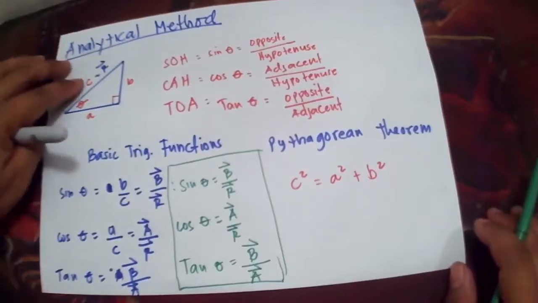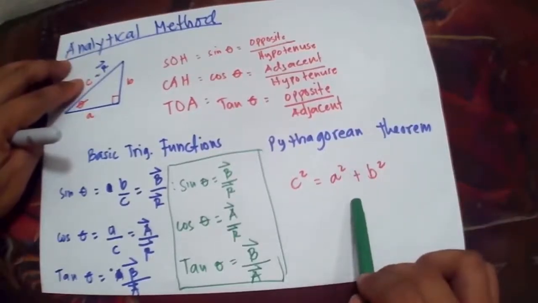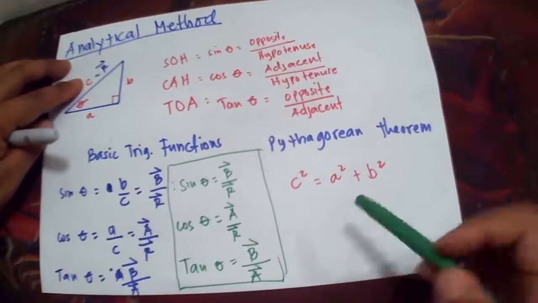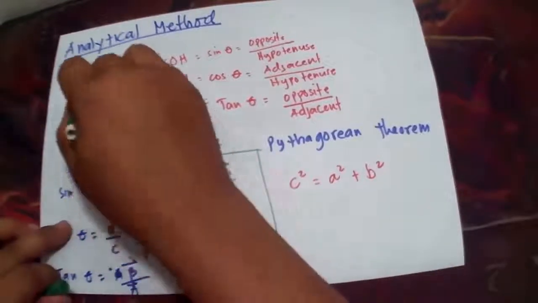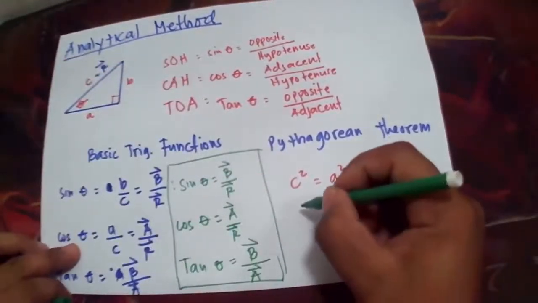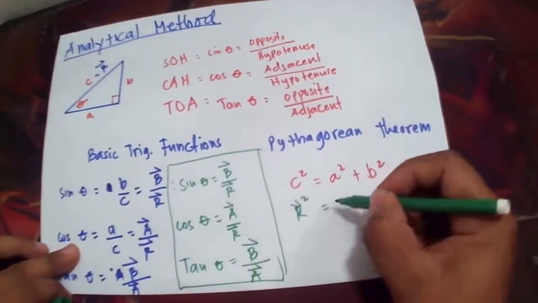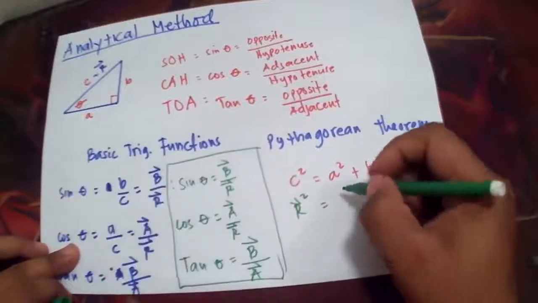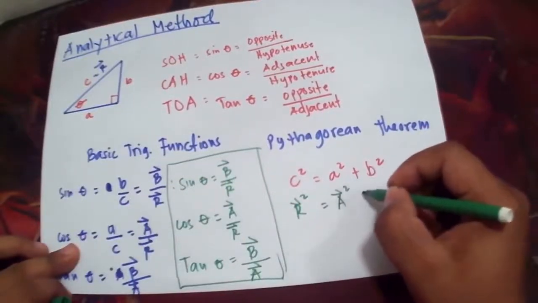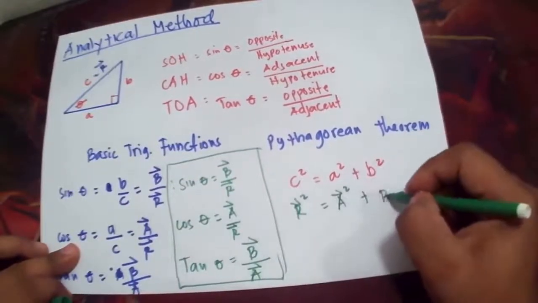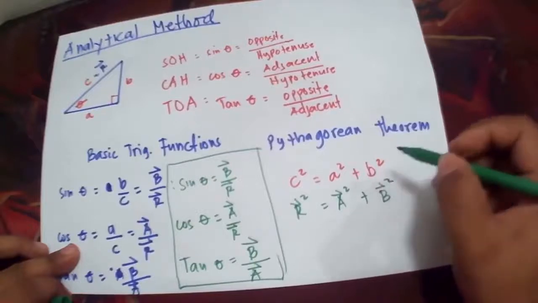In the Pythagorean theorem, relating it to vectors, C becomes the resultant vector squared, which is equal to vector A squared plus vector B squared.